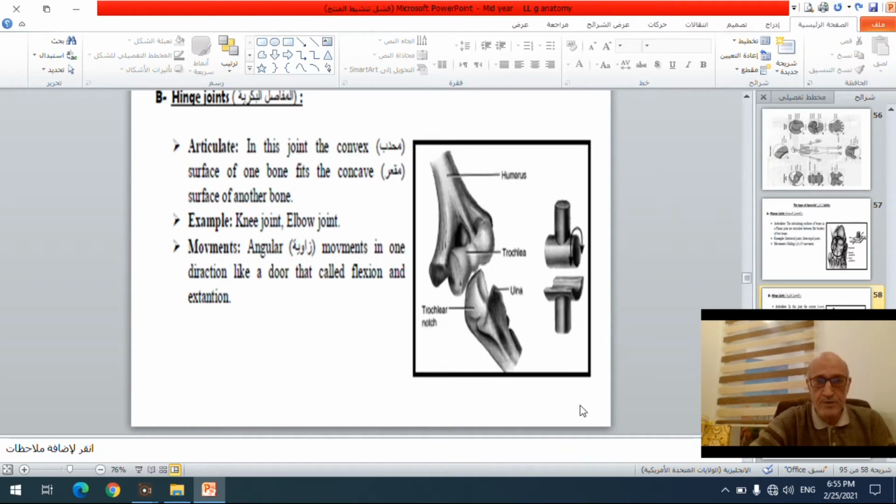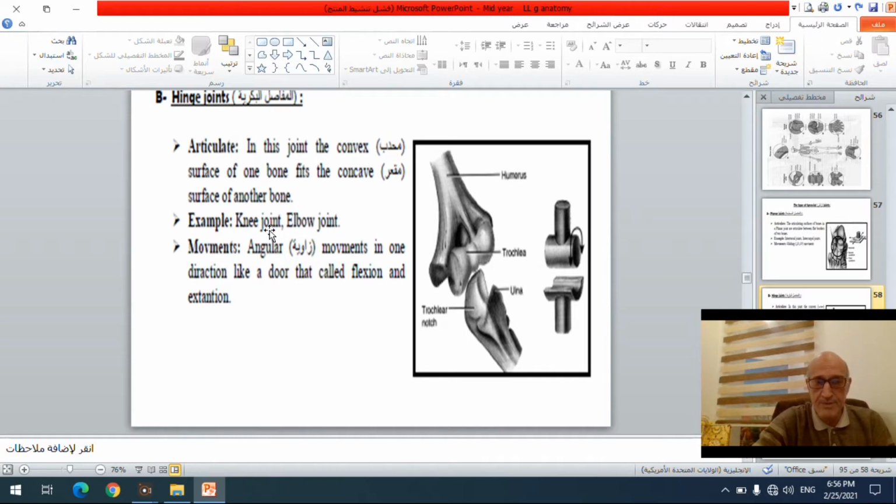The hinge joint, articulation between two bones. One is convex, the other is concave, convex and concave. This is the trochlea of the humerus with the notch of the ulna.